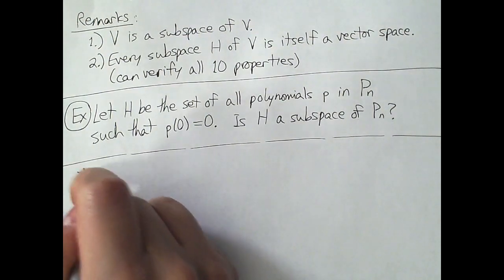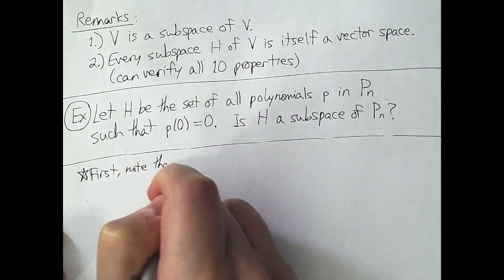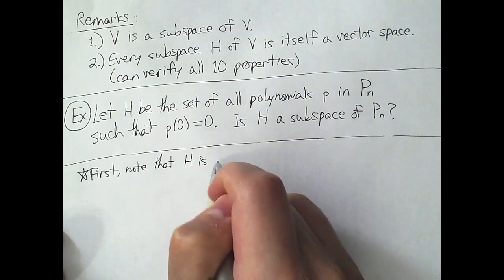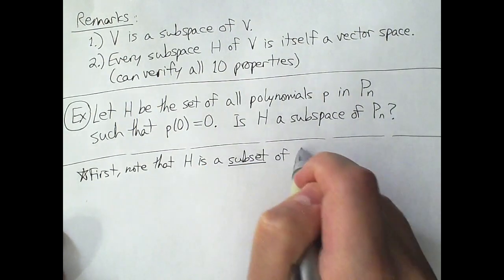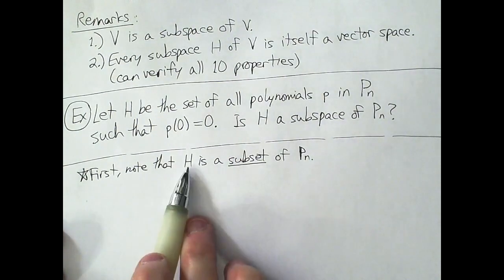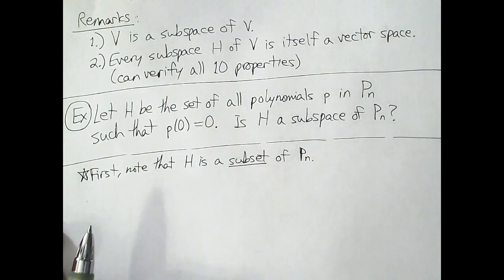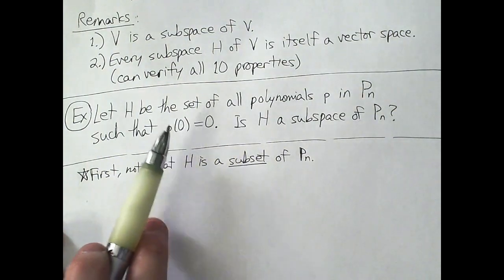I'm going to say first, note that H is a subset of Pn. We can see that everything that's in H is in Pn, because everything that's in H is a polynomial. It's just a certain kind of polynomial.